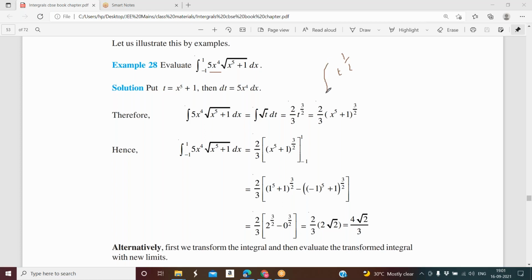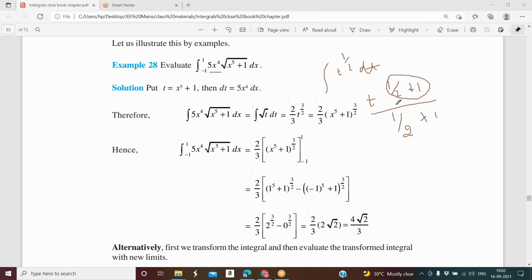So what is integral of t power 1 by 2 dt? On integrating, we get t power (1 by 2 plus 1) divided by (1 by 2 plus 1). If you simplify, 1 by 2 plus 1 is 3 by 2.